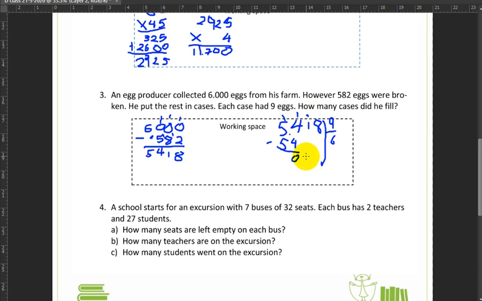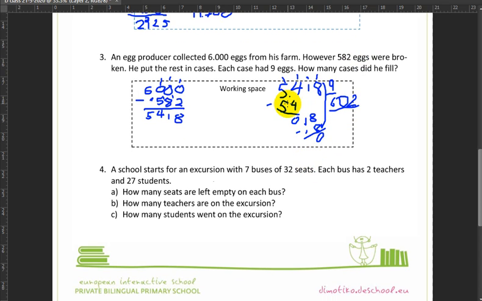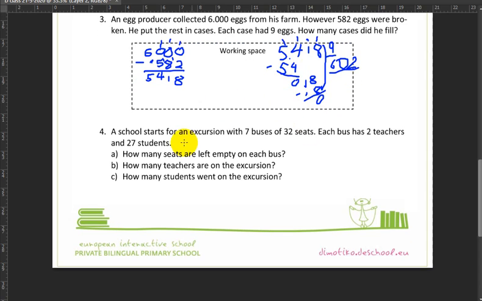Carry down the 1. 9 does not fit into 1, so we need to put a 0 here, carry down the 8. 9 goes into 18 twice, and perfectly. 18 minus 18 makes 0. So he got to fill up exactly 602 cases that each had 9 eggs in them.